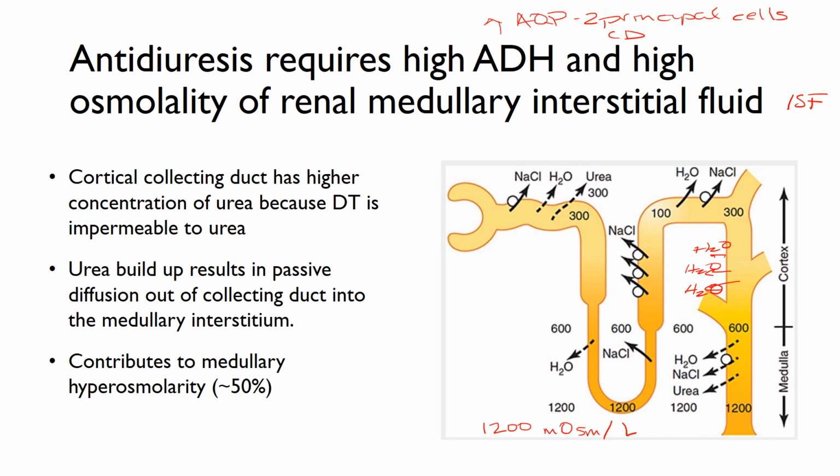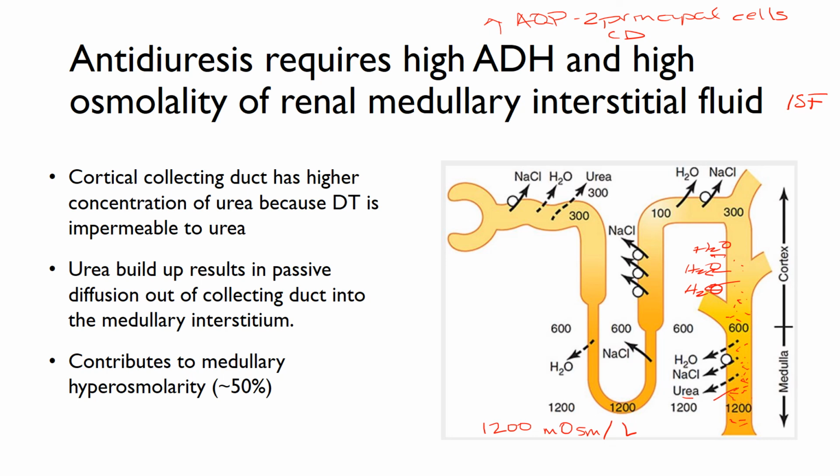The farther down in the collecting duct you go, the stuff that stays behind gets more and more concentrated until you get to the point that urea, for instance, is one of those things that contributes to the interstitial fluid hyperosmotic state.